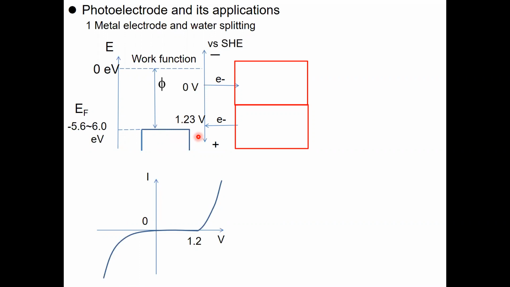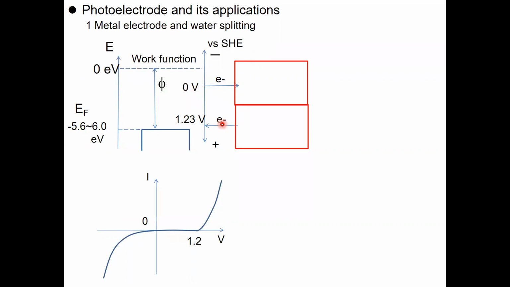And in the electrochemical setup, we move this energy level relative to the SHE, standard hydrogen electrode. If the Fermi energy is lower than that of the redox species, this electrode is accepting electrons. On the other hand, if this Fermi energy is higher than that of the redox species, this electrode is going to give electrons to the redox species.